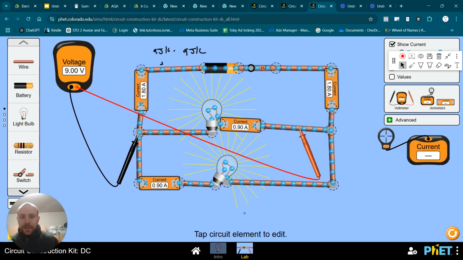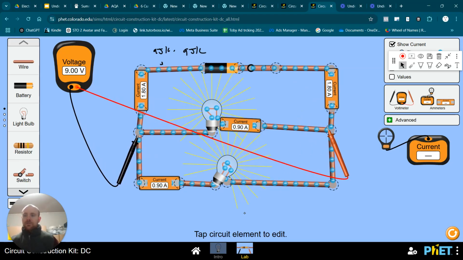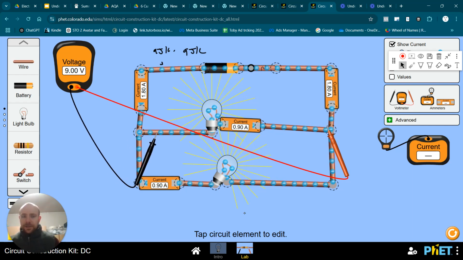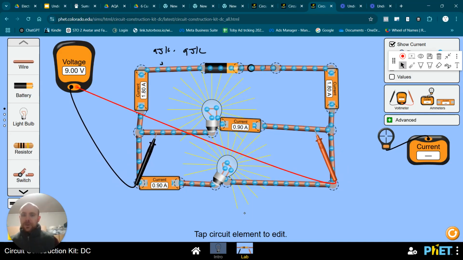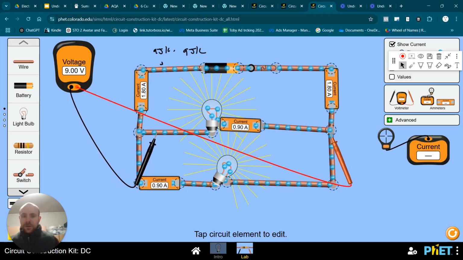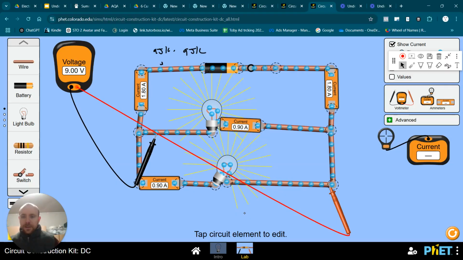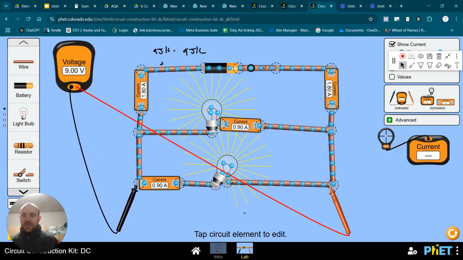I've still got my 9 volts across these 2 points. So the voltage between this point and this point is still 9 volts. And I'm still doing no work as I go along this wire, so the potential difference between these 2 points is also 9 volts.